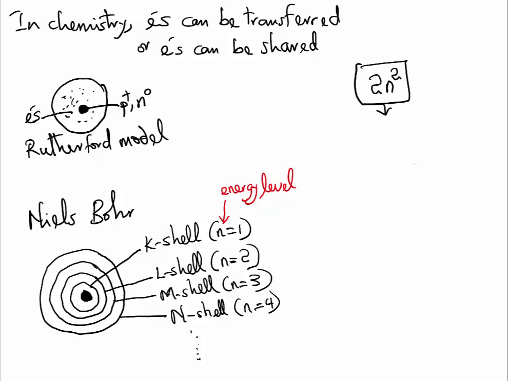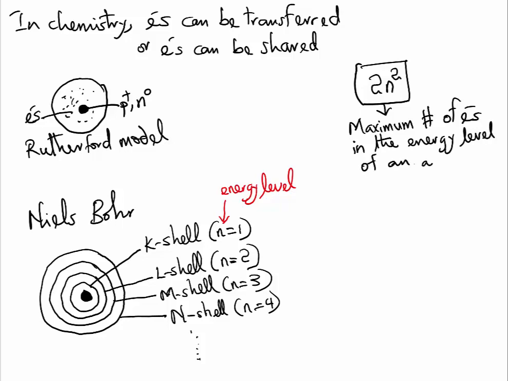So this is the formula for finding the maximum number of electrons in the energy level of an atom.